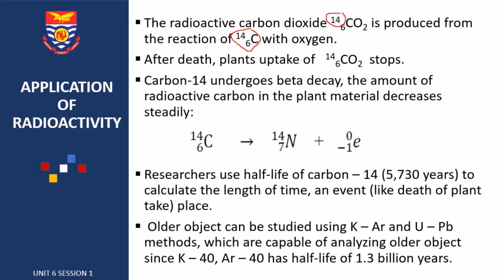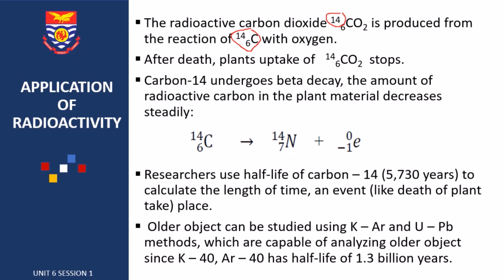After the death of the human or the plant, the uptake of carbon dioxide stops. The carbon-14 will undergo beta decay, and the amount of radioactive carbon in the plant material or the human will decrease steadily.